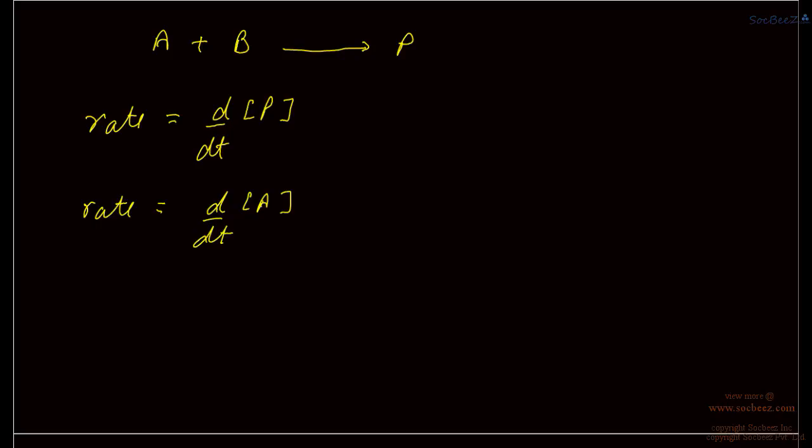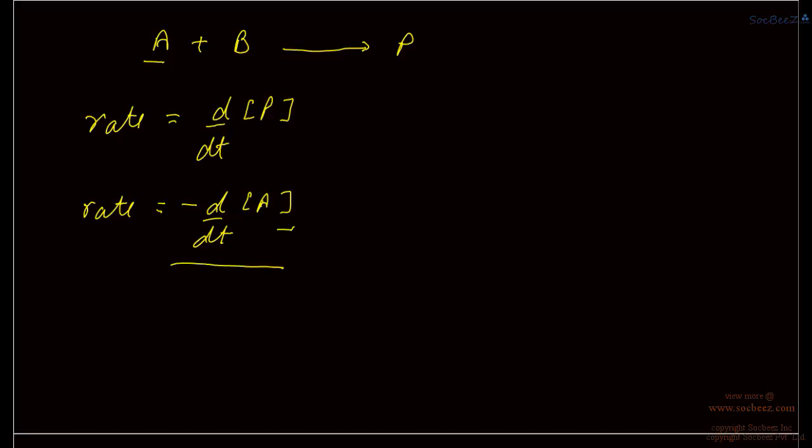Now, since we know that reactants are disappearing in this reaction, the concentration of this species A is constantly decreasing, but rate is always positive. And since d by dt will be negative in this case, because concentration is constantly decreasing, we will put a negative sign before d by dt of A, and hence rate is the negative of the rate of change of concentration of reactants.